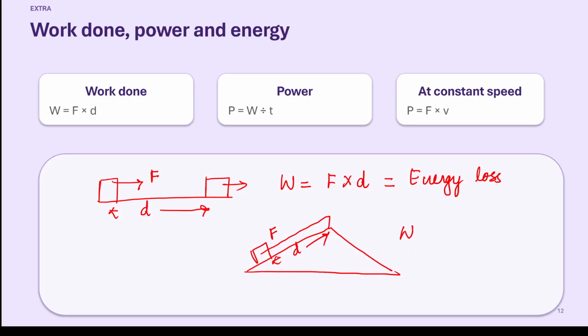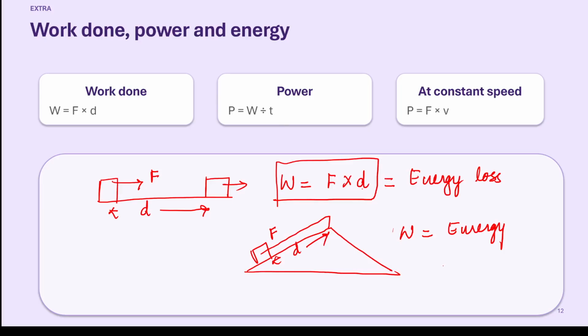So what you need to know here is that work is equal to energy. That's the only thing you need to know for the exam: work is equal to energy, and energy is measured in joules, work is also measured in joules. You will have some questions which will want you to use this equation. Just plug in the values of force and distance and get work. Remember, work comes from energy or work goes into energy.